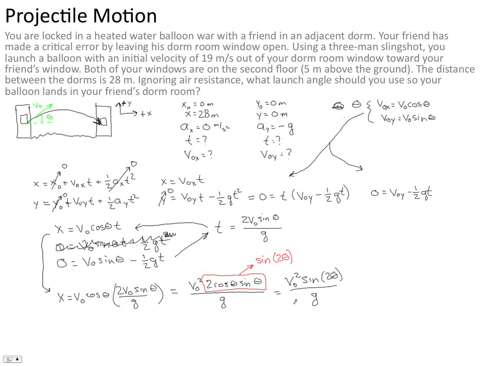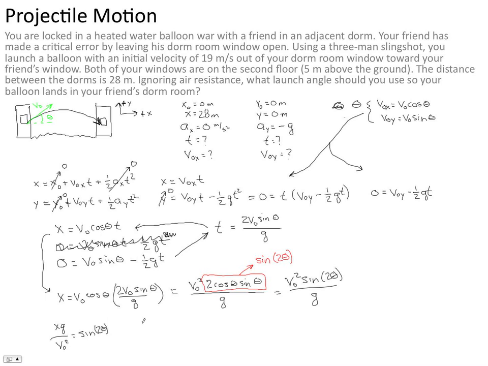All right, and so now all we got to do is solve for theta, and let's get the g and the v naught out of the way, and we end up with x times g divided by v naught squared equals sine 2 theta.